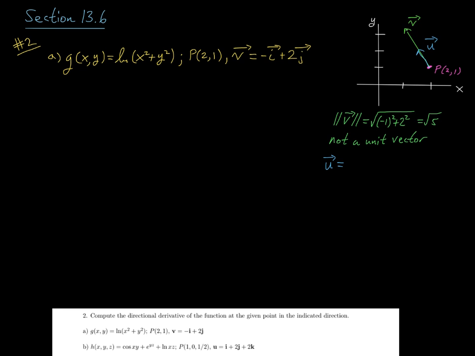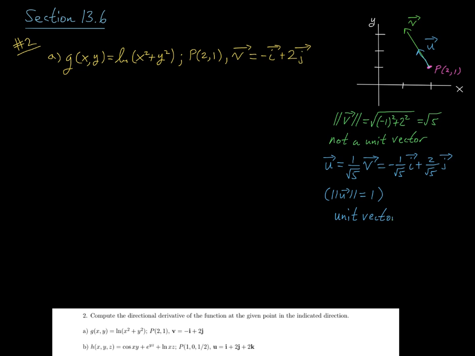In fact, if I just divide v by its own magnitude, so 1 over the square root of 5 times the vector v, this thing will have unit length. You can certainly check that by computing the magnitude from the coordinates, or you can just think about what this statement is really saying. We're just scaling v down by its own magnitude. So this thing is a unit vector.